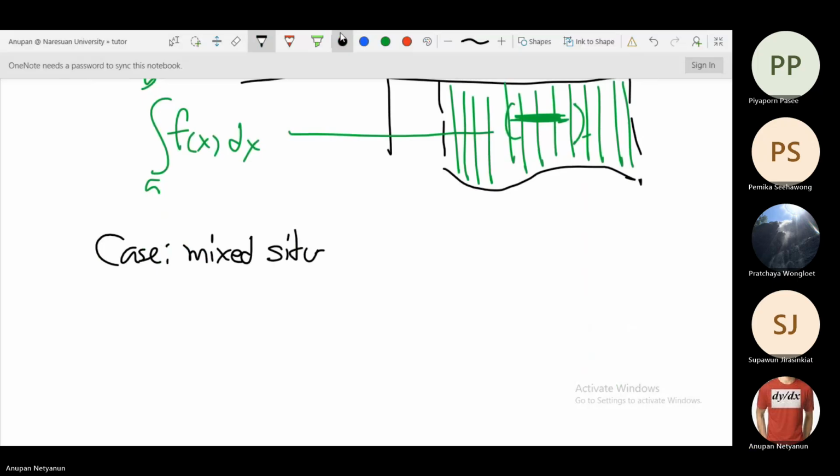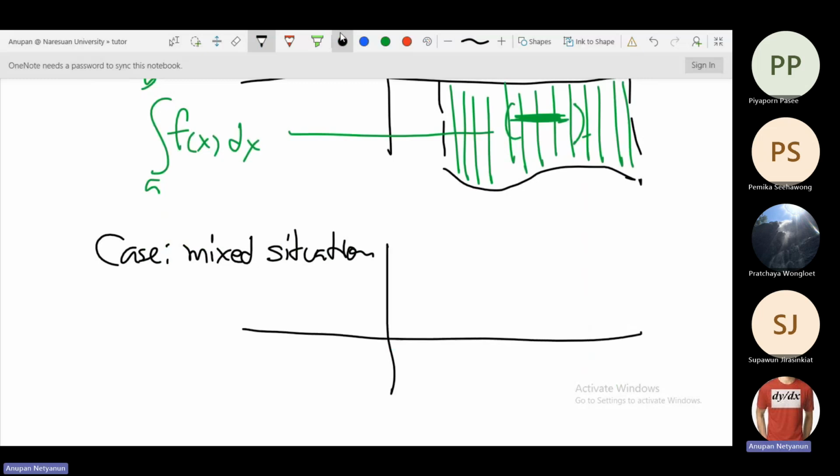situation, let's say you have A, you have B here, and your graph looks something like this. The area above the x-axis here is going to be positive.